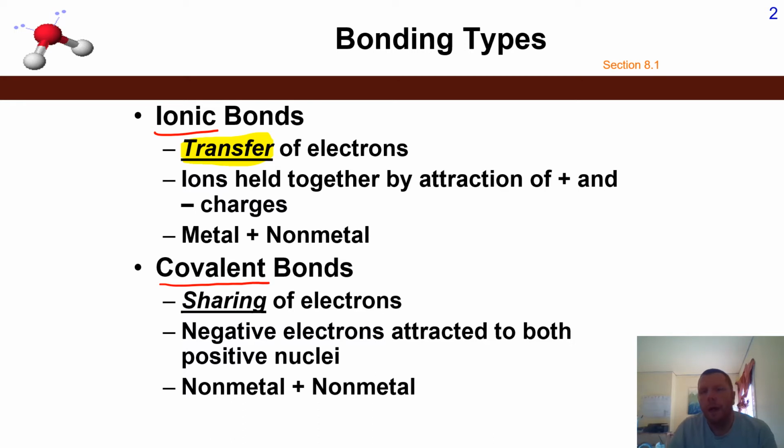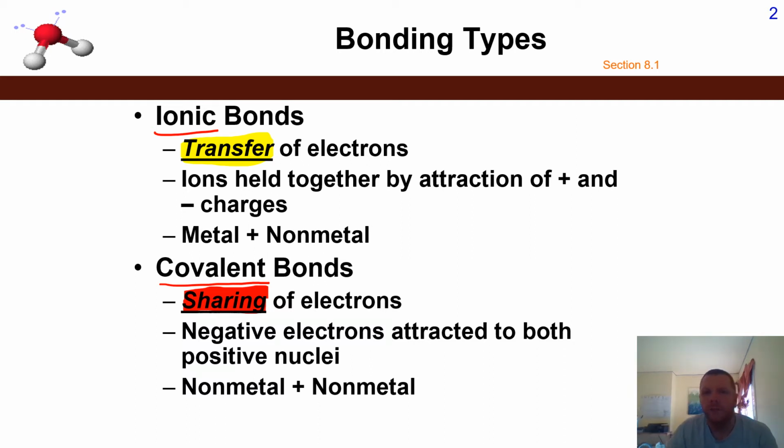One atom will give up some electrons to another atom, in which case we have a pair of ions form, basically. Compare that to a covalent bond, in which there's an equal sharing of electrons between individual atoms. So atom A versus atom B, they can each lay a claim to any electrons that are making up that bond.